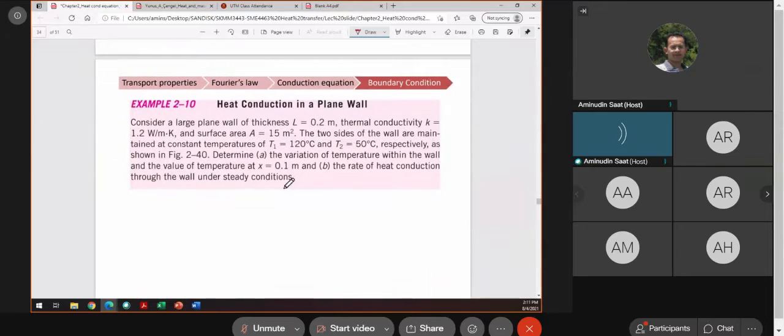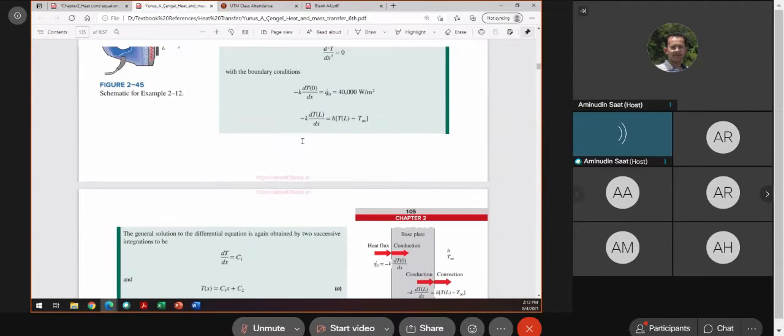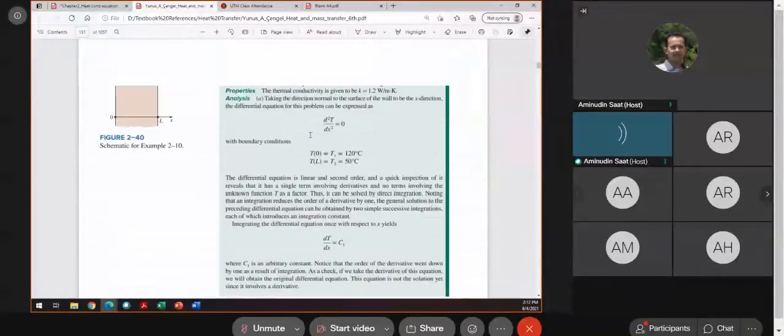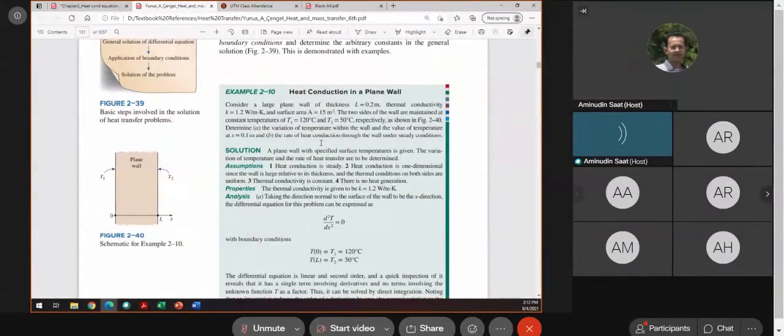This is the example that I ask you to understand. Let me find the example in the textbook section, Example 2-10. I believe all of you already downloaded the textbook shared by your friends in the WhatsApp group.